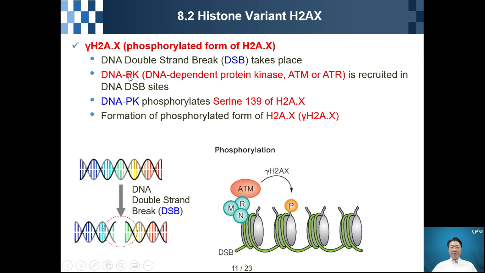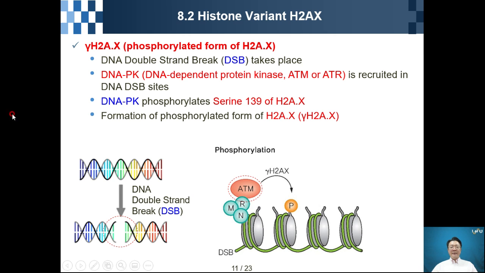DNA PK means DNA dependent protein kinase, including ATM or ATR. In this case, ATM is recruited to the DNA DSB site.